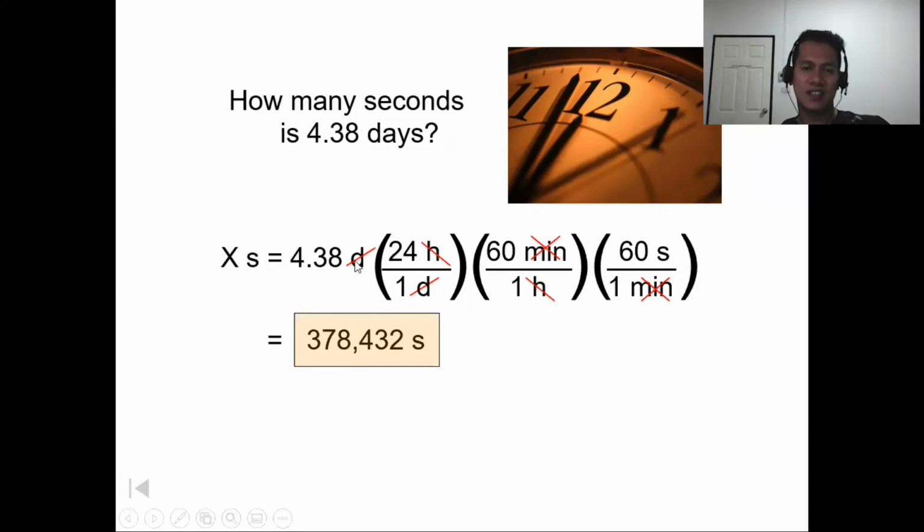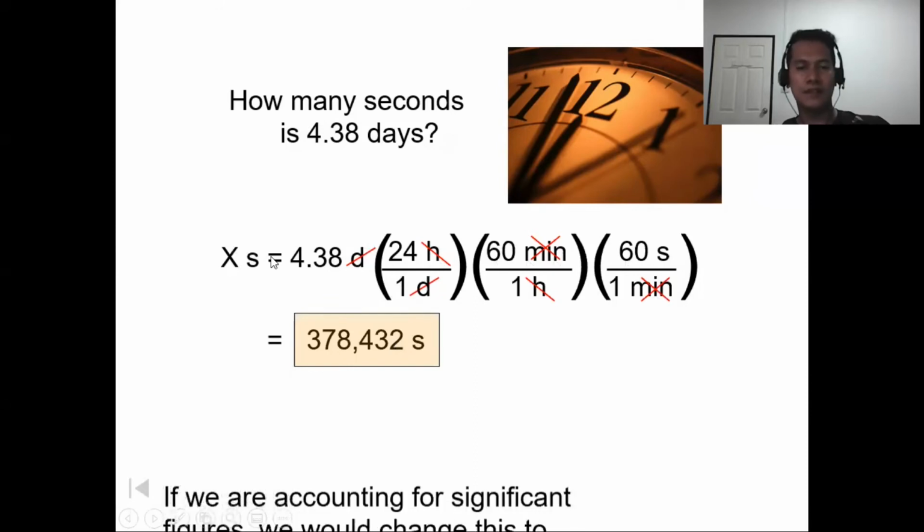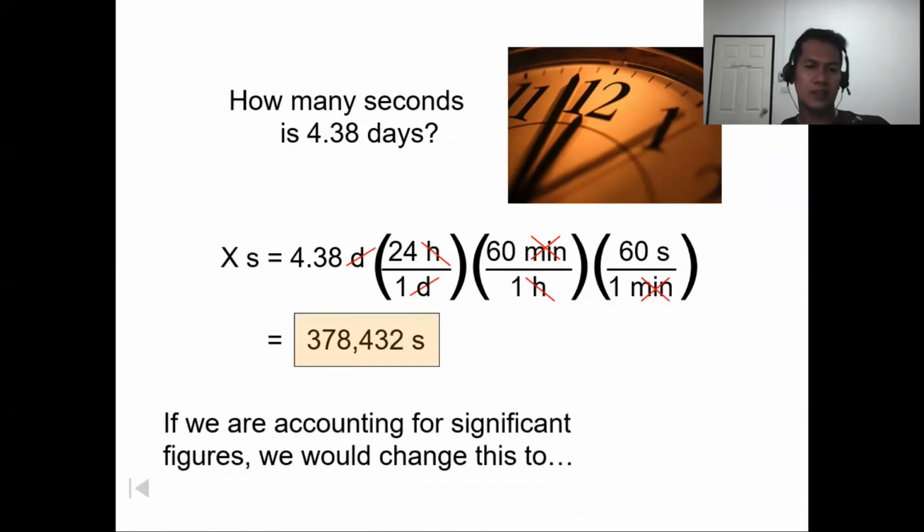All right, again, days into hours, cancel out the hours, cancel out the minutes, and so you will arrive at the correct unit, which is the one that we are looking for. All right. If we are accounting for significant figures, we would change this to something like this.